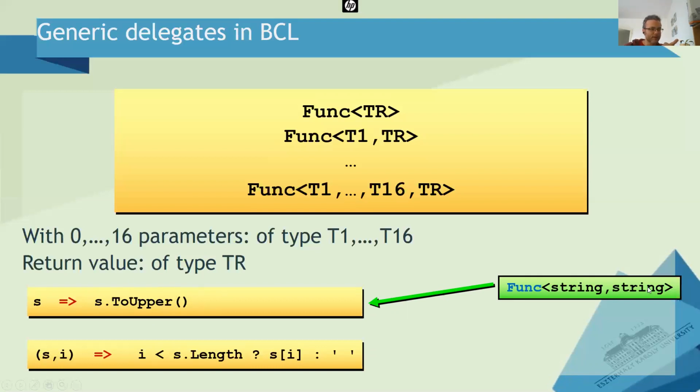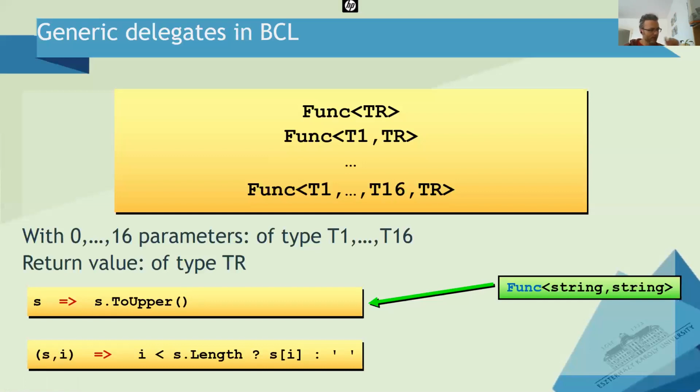So the return type is also a string. Therefore, now the Func delegate has 2 type parameters. The first one is for the parameter s. The second one is for the return value.